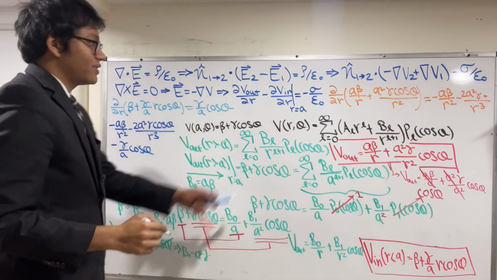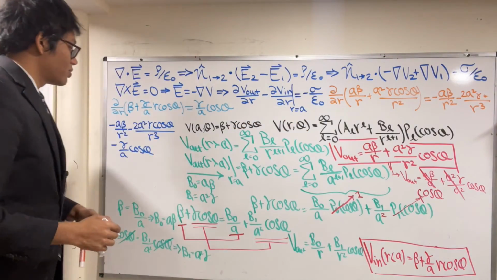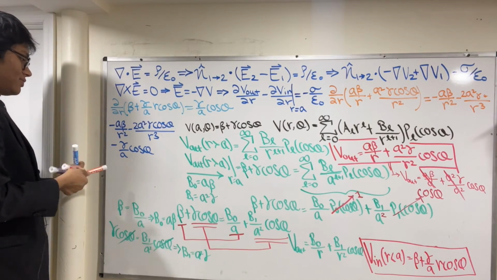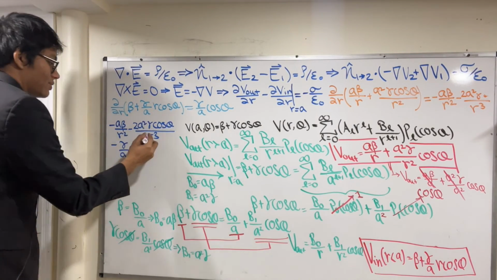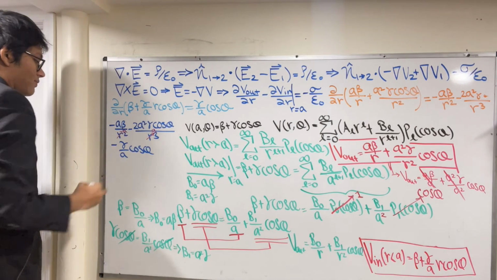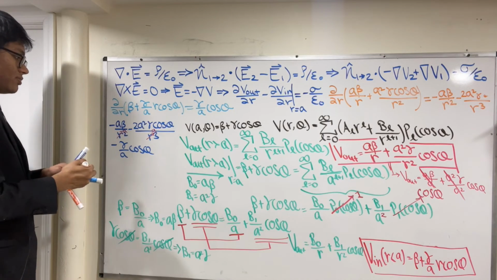Now remember, all of this is taking place at the surface, so I'm going to replace my r's with a's. So this r is going to become an a, and this r is going to become an a. Okay, so what am I going to be left with?